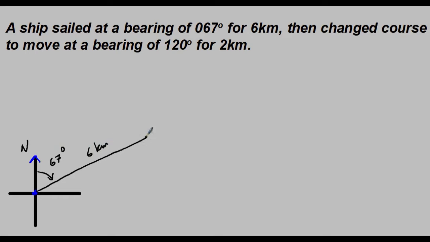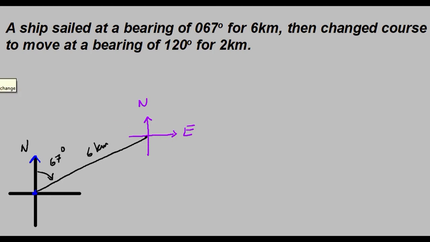Now the ship has reached this point. It will have to change course. So we imagine that there is another set of directions here. This is still north and this is east. Now a bearing of 120 goes beyond the east because a bearing of 90 is towards the east, so 120 takes you 30 degrees beyond the east.